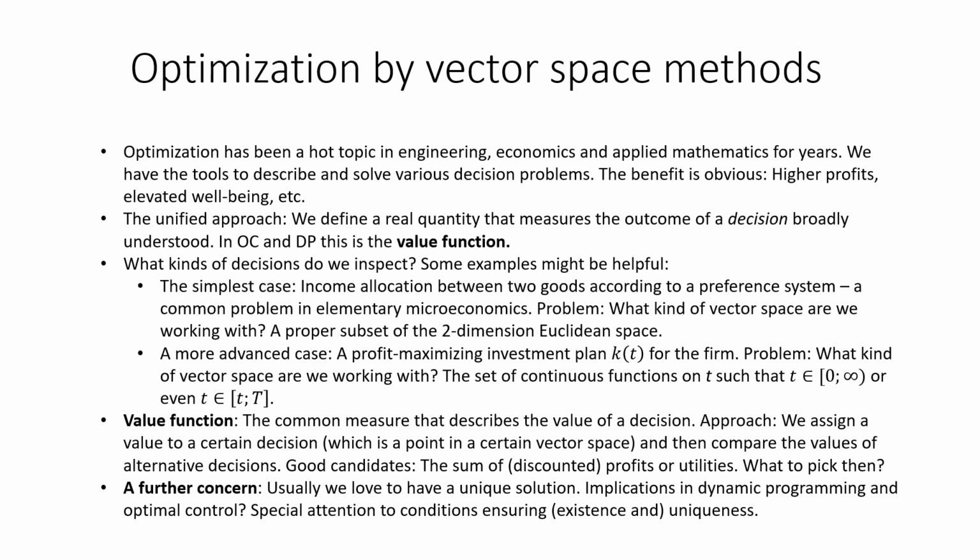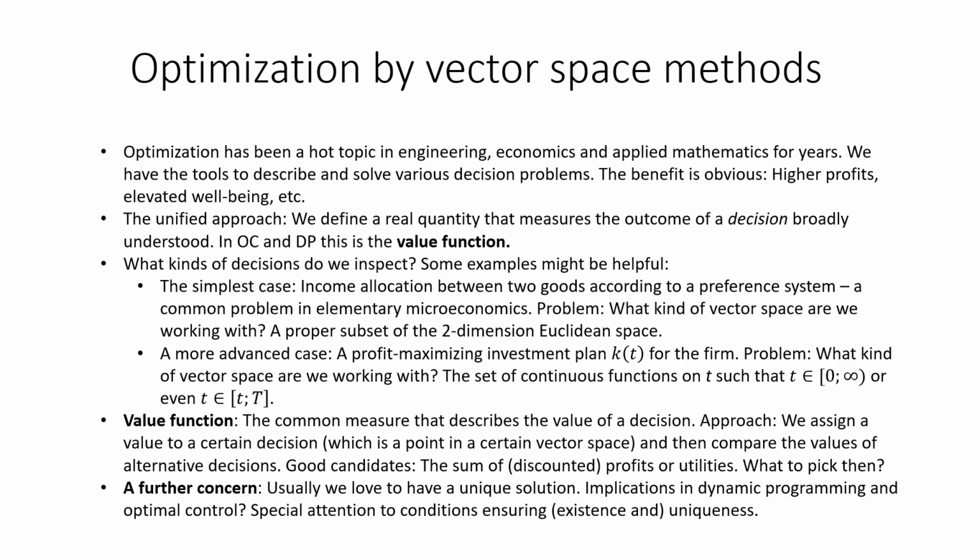For instance, in the simplest case, the economic agent has an income to be allocated between two goods according to a preference system. By which I mean that the agent has a preference system, which we are supposed to maximize. So we are supposed to find a solution to this decision problem, to the allocation of income between two goods. We need to find a solution that maximizes the well-being, the utility of the agent.